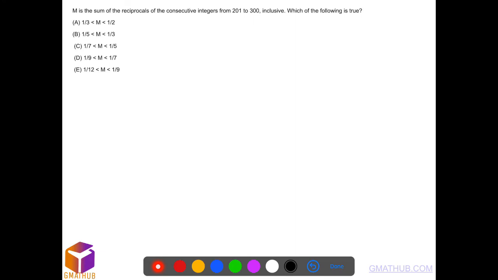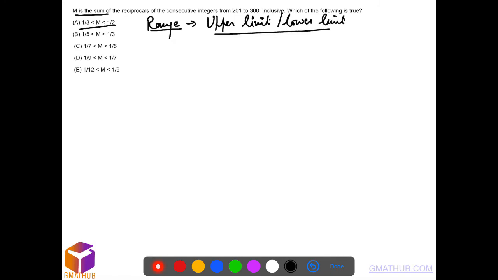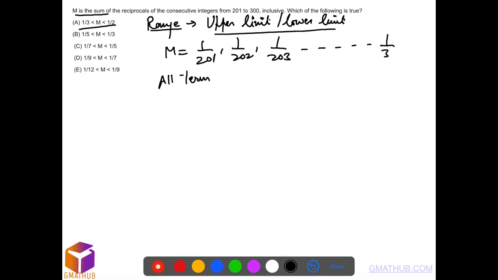In this question, if you look at the answer choices, they give me a range. Range means upper limit and lower limit. So m is equal to 1 by 201, 1 by 202, 203 and so forth, till 1 by 300.